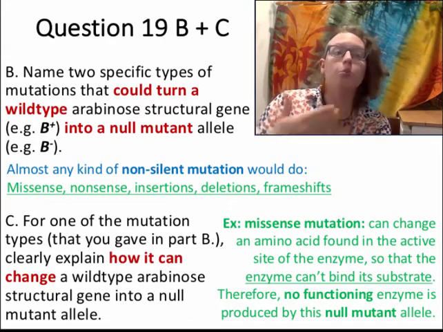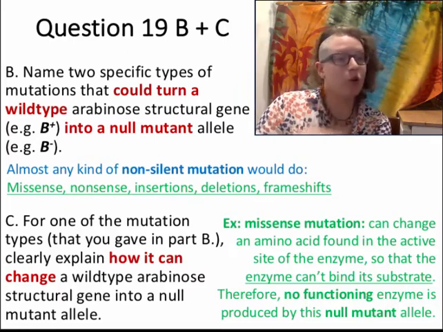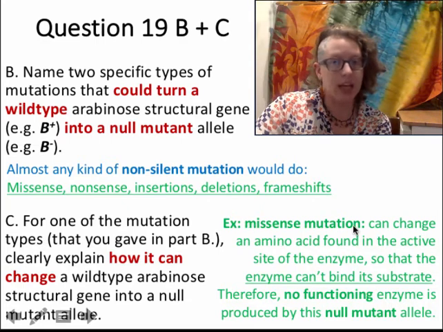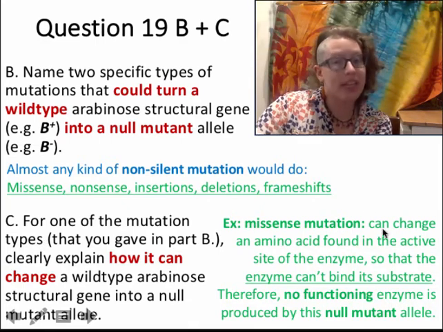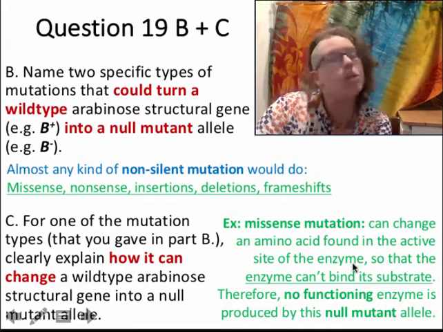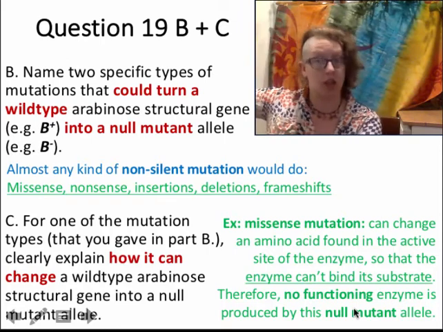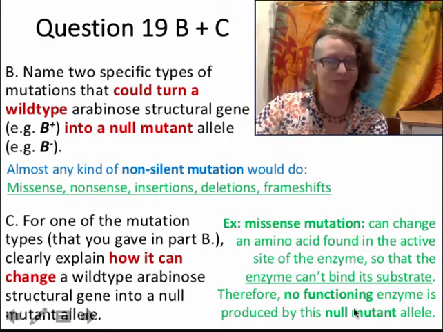In order to get full marks for a clearly explained question, you have to say, it can do this specific thing, which results in this specific defect, which makes it a null mutant. You have to follow it all the way to its logical conclusion.